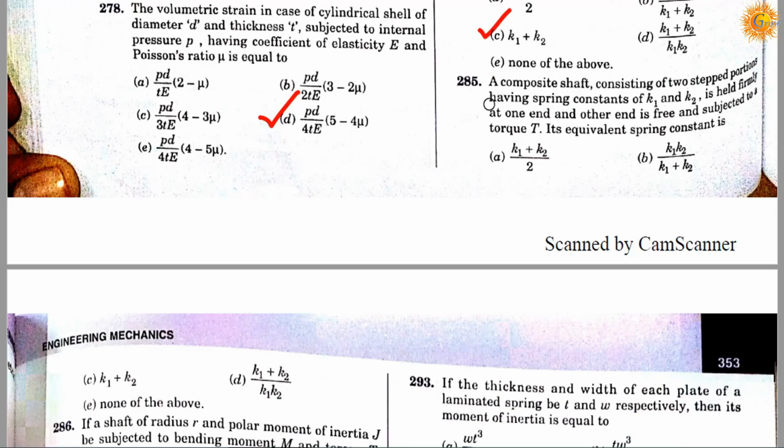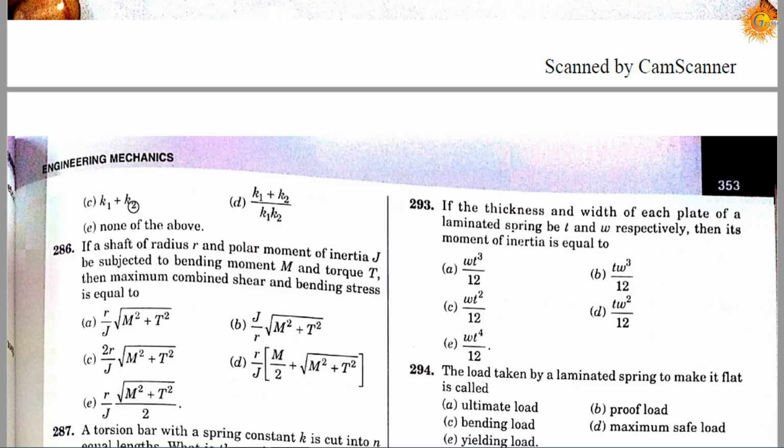Question number 285. A composite shaft consisting of two stepped portions having spring constants of K1 and K2 is held firmly at one end and the other end is free and subjected to a torque T. Its equivalent spring constant is: option A, (K1 plus K2) divided by 2; option B, K1 K2 divided by (K1 plus K2); option C, K1 plus K2; option D, (K1 plus K2) divided by K1 K2; and option E is none of the above.